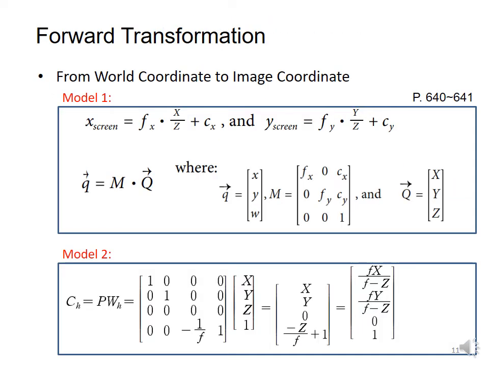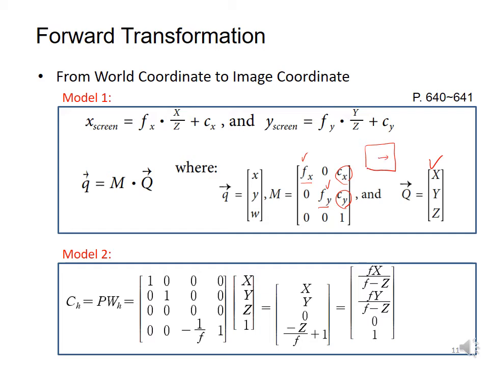These are the matrix form of equations that calculate the image coordinate from the world coordinate of the object. When x, y, z in the 3D world is inputted, the x screen and the y screen are calculated using the model 1 coordinate system. So this is input, and we have the focal length along the x-axis and along the y-axis, and cx and cy is the center of the CCD chip.